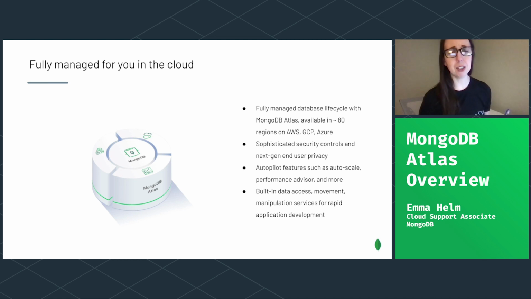Atlas comes with defaults that ensure data security and makes it very easy for users to turn on additional optional security features for further peace of mind. Atlas comes equipped with what we're calling autopilot features, such as autoscale, index suggestions, and schema suggestions. This helps our customers optimize their resource usage as well as the usage of their database with minimal or no effort on their part.